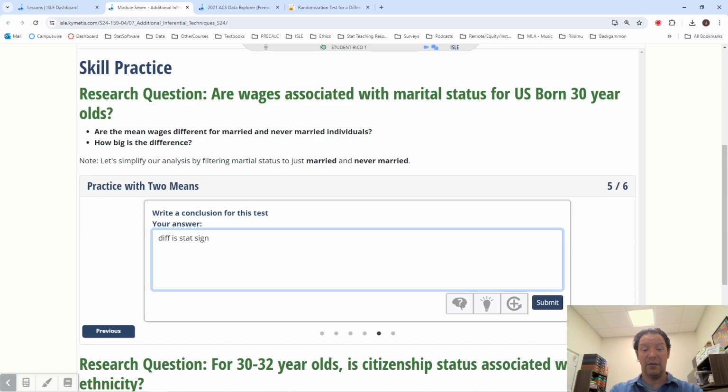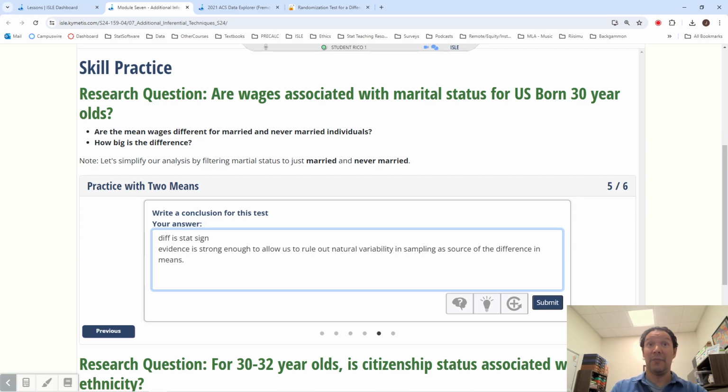Sometimes we'll say the evidence is strong enough to allow us to rule out natural variability in sampling as the source of the difference in means.